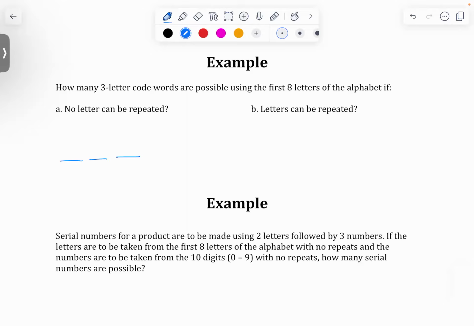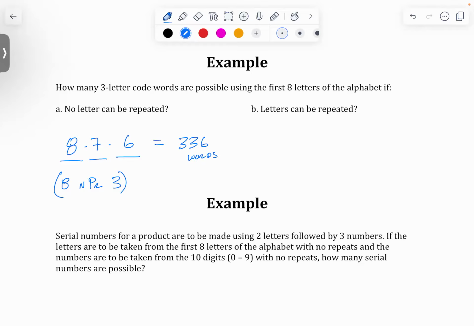No letter can be repeated. I started with 8 letters, now I have 7 letters and then 6 letters. 8 times 7 times 6. You can also do this as the permutation 8 nPr 3. Both of these are the same, and it comes out to 336 words.